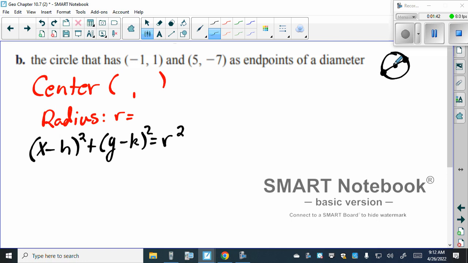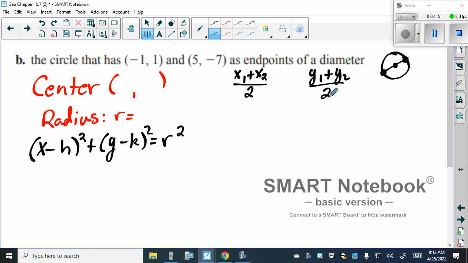So what we can do is use the midpoint formula. x1 plus x2 divided by 2, and y1 plus y2 divided by 2 to find the midpoint. And once we get this x, y value, that will be the center of the circle.